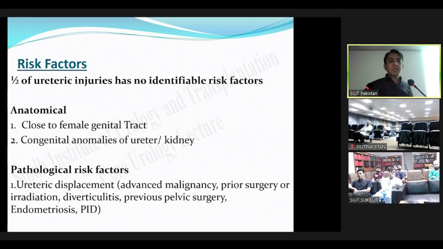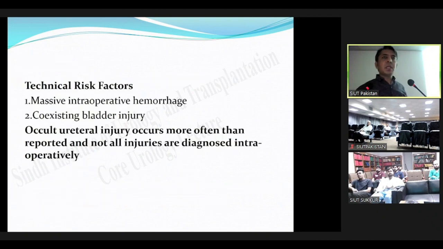The pathological risk factors are ureteric displacement because of advanced malignancy or previous surgeries, diverticulitis, previous pelvic surgery, or endometriosis. The technical risk factor is massive intraoperative hemorrhage, and it can cause injury to the ureter because of the coexisting bladder injury. But occult ureteral injury occurs more often than reported, and not all injuries are diagnosed intraoperatively.